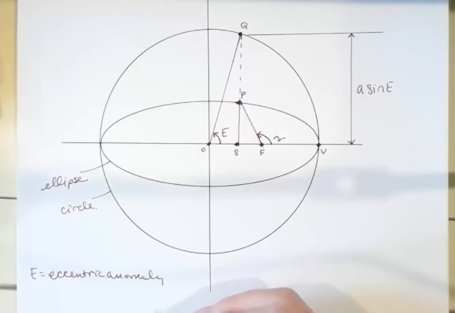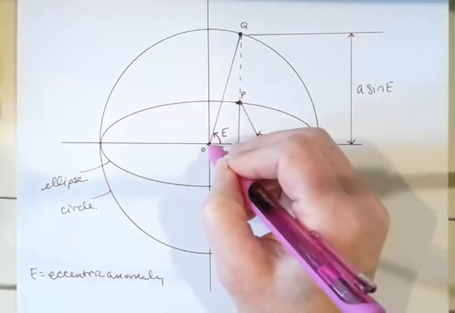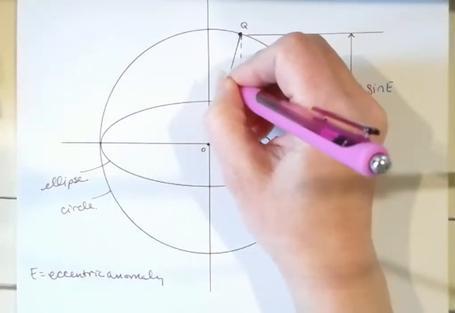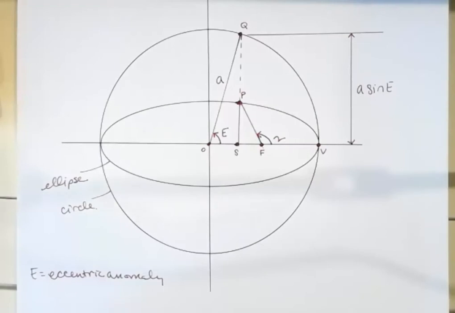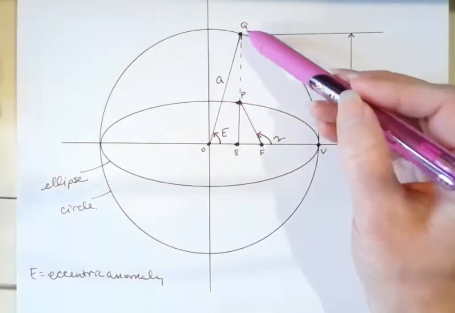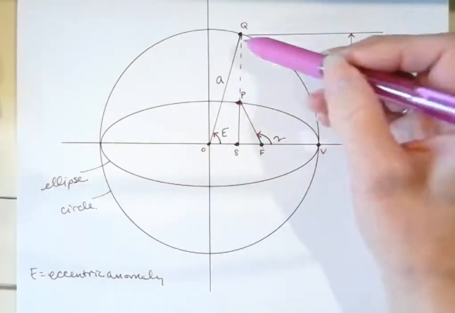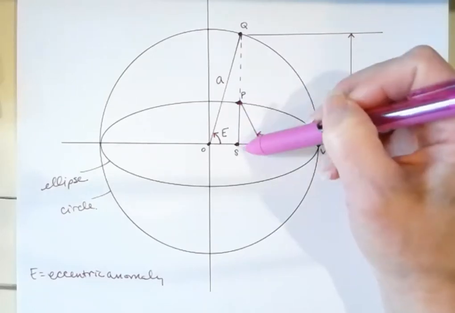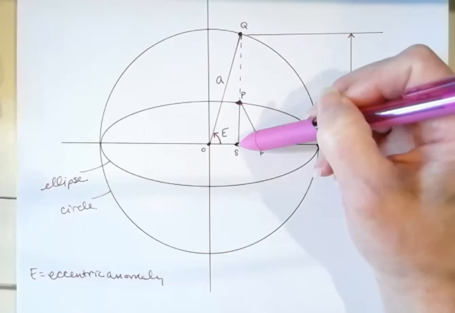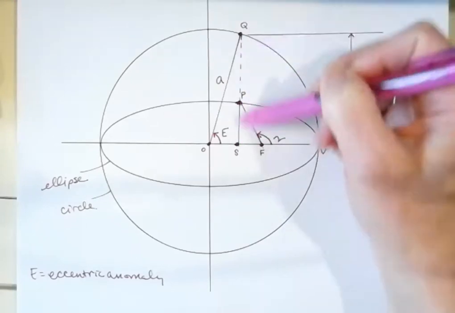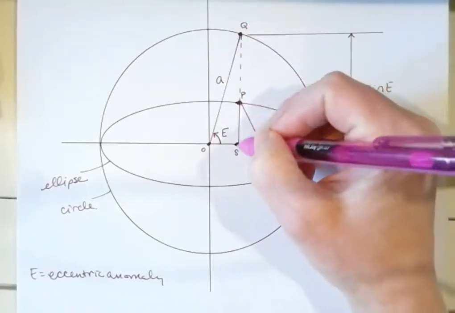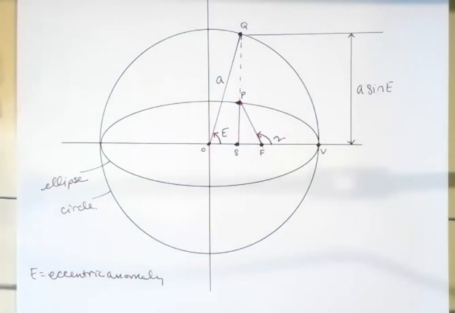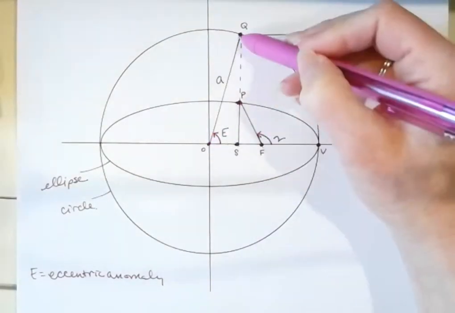Okay, and you might wonder why it is A, which is semi-major axis, times sine of the eccentric anomaly, and it equals that because this distance between O and Q is A. Okay, so this Q point on this circle is determined by the location of the body on the ellipse. All right, so you notice from this just random point S here up to P, up to Q, it's all in just a straight line. So it's basically just measuring where our body is on that ellipse. Okay, so but this distance here is going to be A.